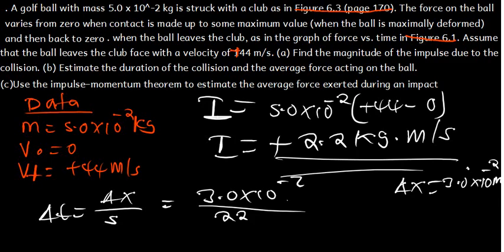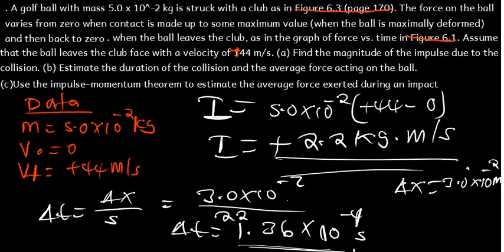Using our calculator, 3.0 exponent negative 2 divided by 22, I'm getting my time. Putting this in scientific notation, my change in t is 1.36 times 10 raised to the power negative 4 seconds. So this is going to be my duration.